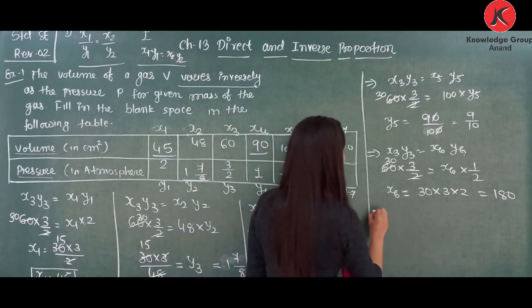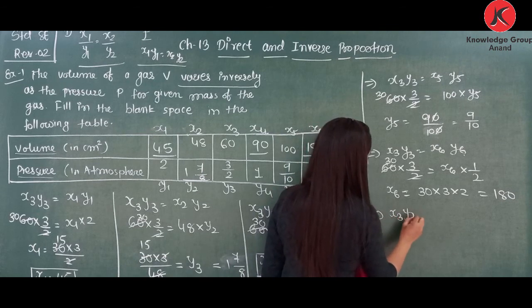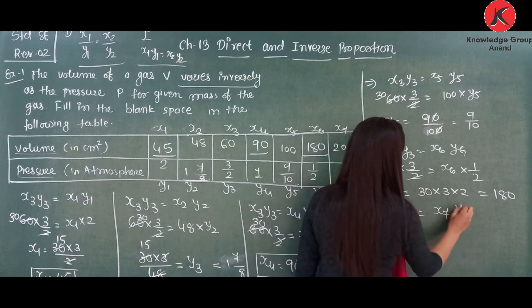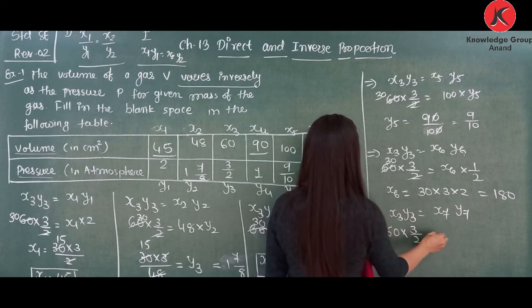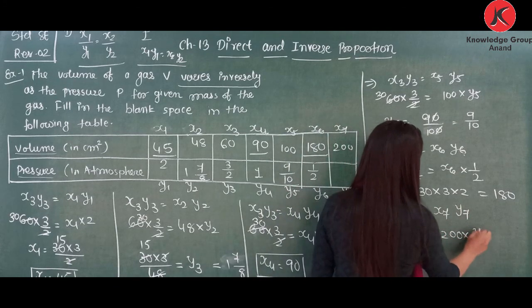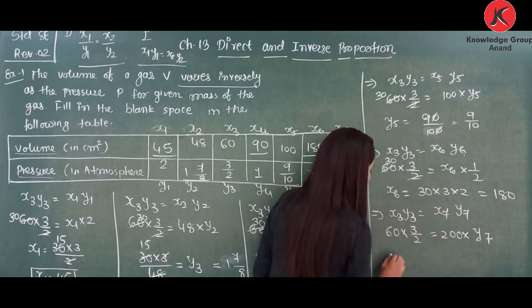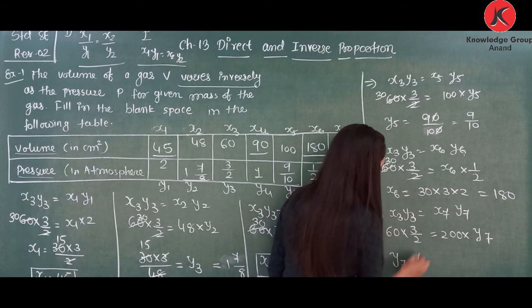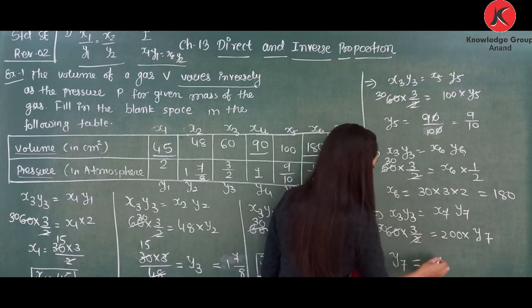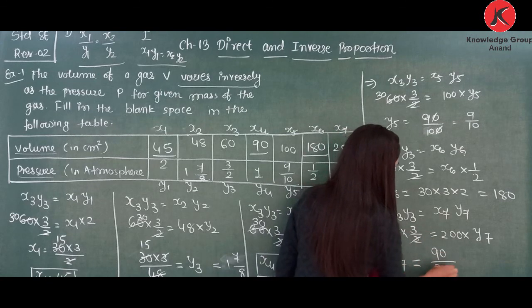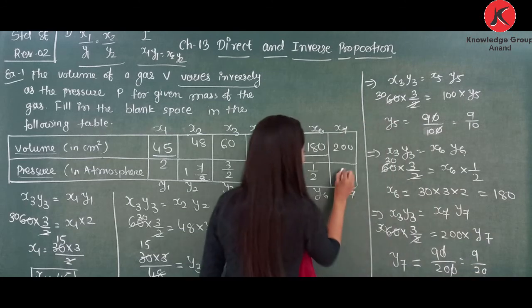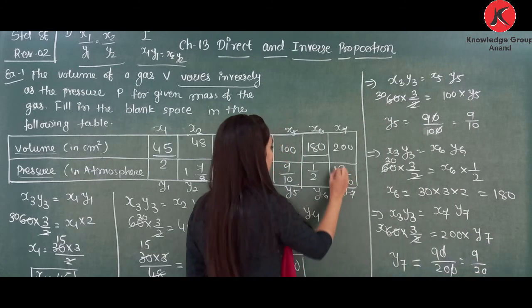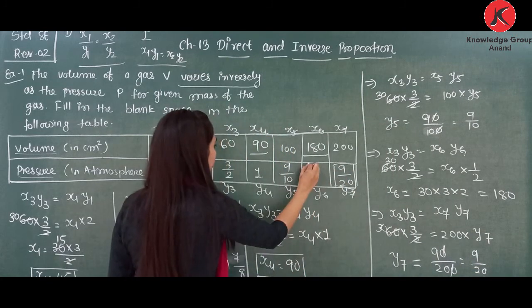Next one, x3 y3 is equal to x7 y7. Take 200 and divide, 9 by 20. So this way you can fill in the table.